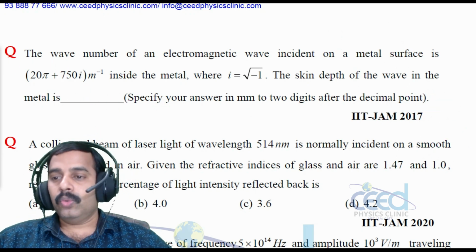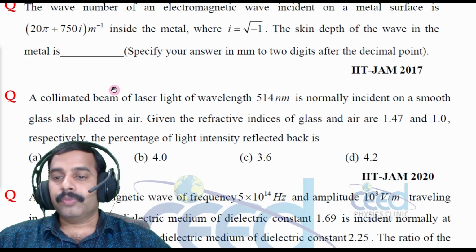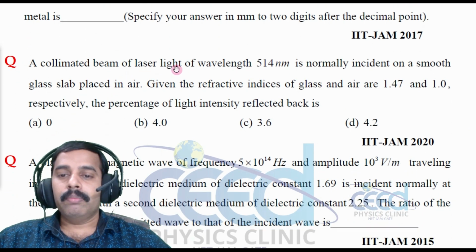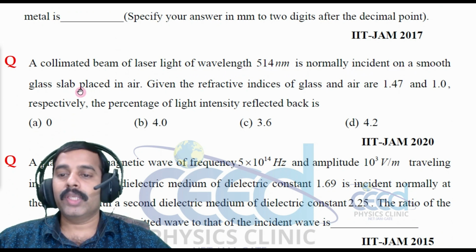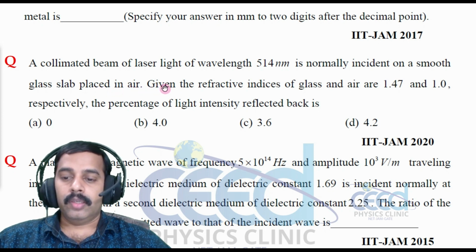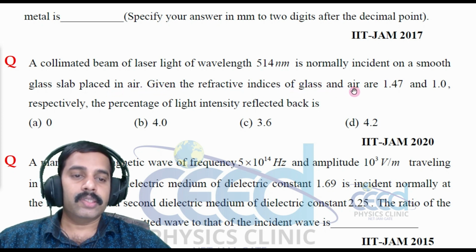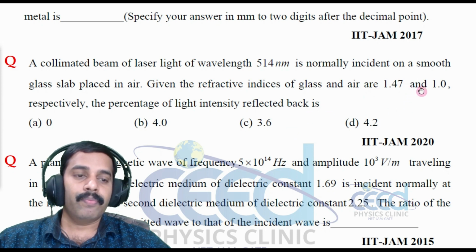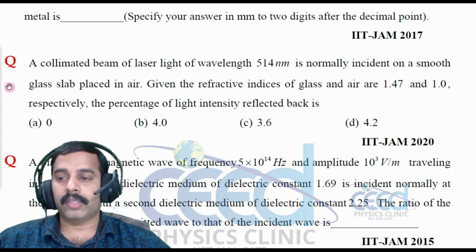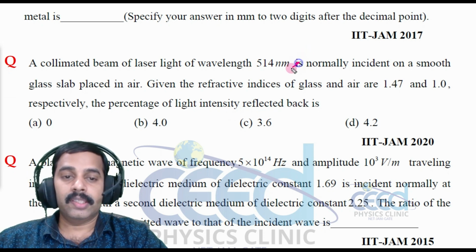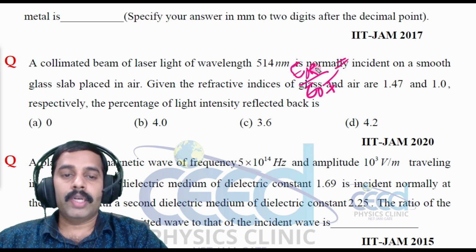Now let us come to another problem. A collimated beam of laser light of wavelength 540 nanometer is normally incident on a smooth glass slab placed in air. Given the refractive indices of the glass and the air are 1.47 and 1 respectively. The percentage of light intensity reflected back. So this percentage of intensity, that is E0R divided by E0I, we have to multiply with 100.